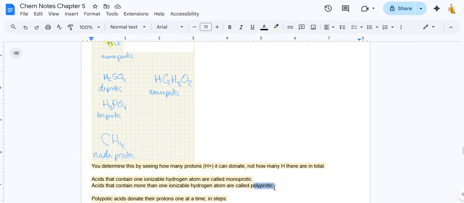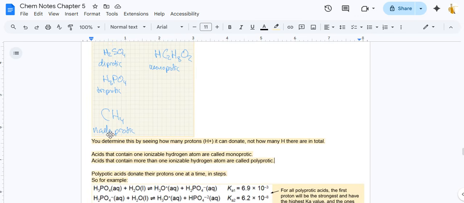And polyprotic means it has more than one. So that's polyprotic, and that's polyprotic. And these two are monoprotic. And this isn't an acid, so it's neither.